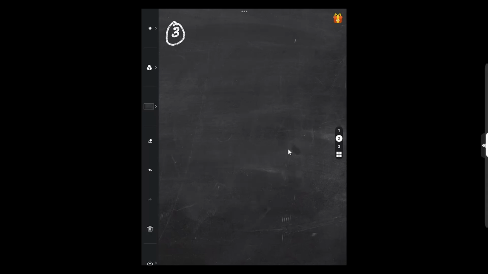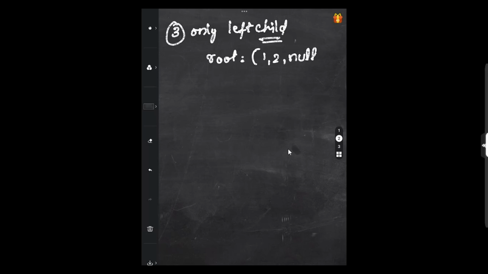Next, let's move on with the third edge case, only left child. Let me consider the input here: root equals 1, 2, null. The tree looks this way: this will be 1, 2, and this will be null.